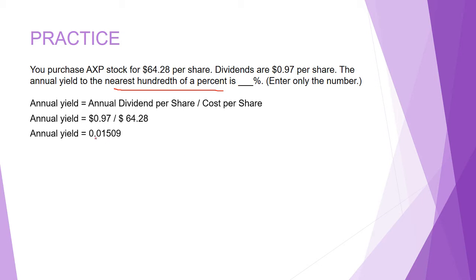Again, move your decimal 2 to the right. And so this time we get 1.51%. We need two decimal places. And the number to the right side, we had 1.509. Looking at this number, it's 5 or greater, so we need to round the 0 up to a 1, giving us the 1.51%.